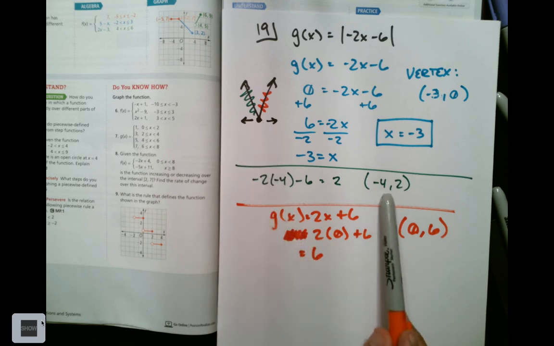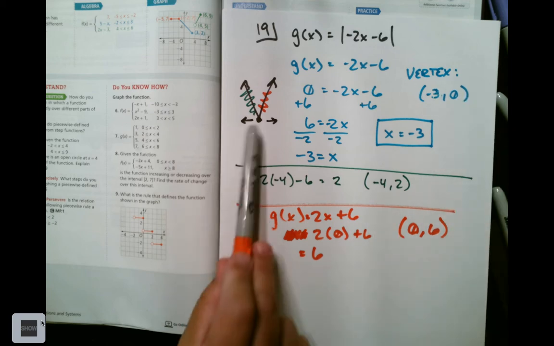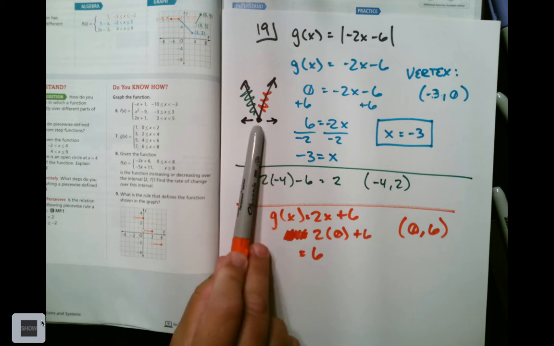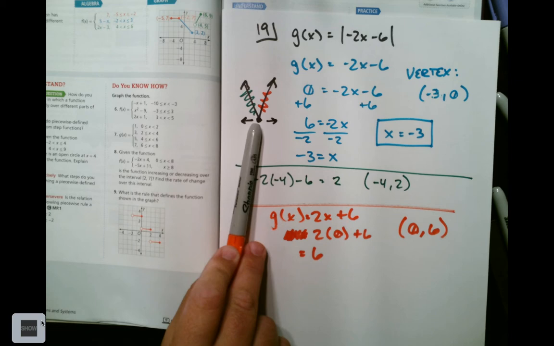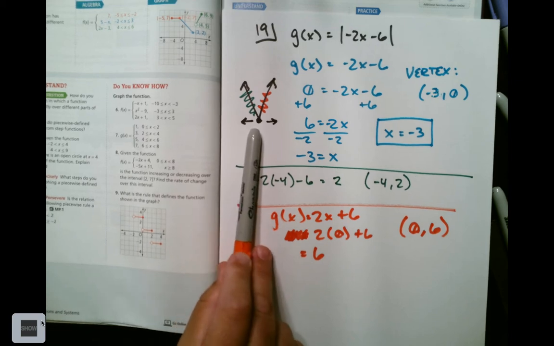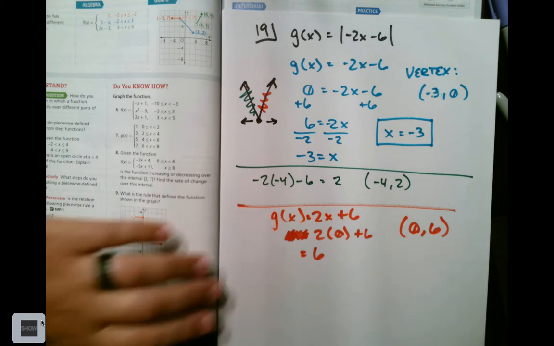Now that I have a point to the left of the vertex along with the vertex, I can figure out what the equation is. Same thing with the right. I can figure out the equation of the orange graph as long as I have the vertex and another point on the right side of the vertex. So that's what I'm going to do now.